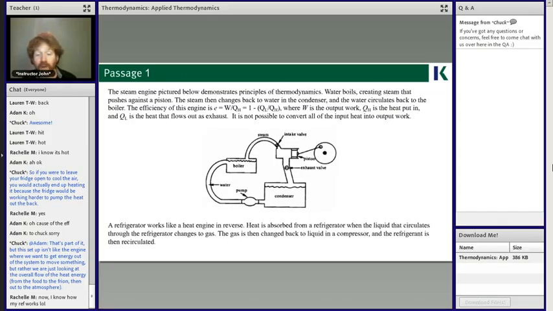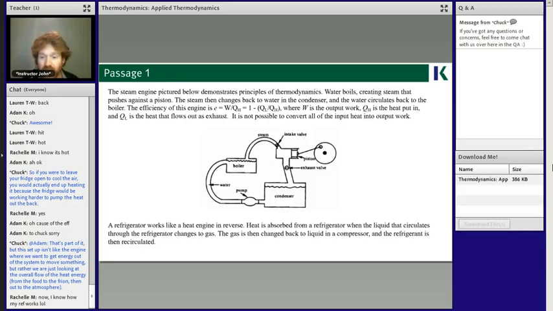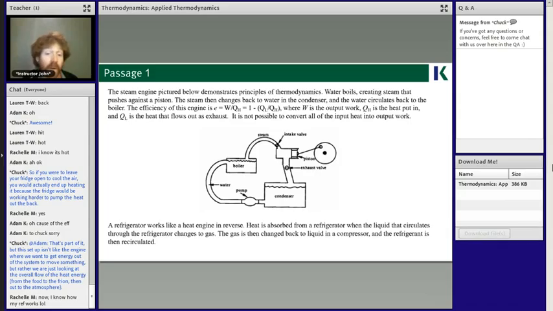All right, so I'll let you guys read this. If you haven't already, I do suggest downloading this Download Me file, just because it is going to have the entire passage. You might want to re-reference the passage. It might not be on screen. While you're doing that, I'm going to bring up a poll for everybody to use.